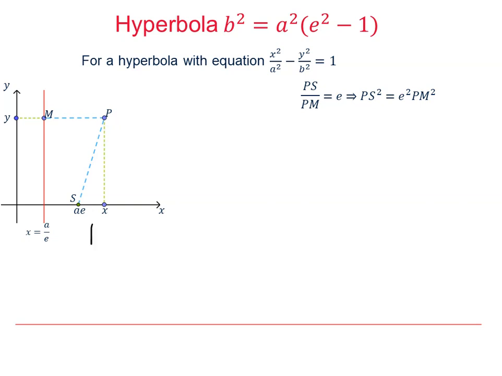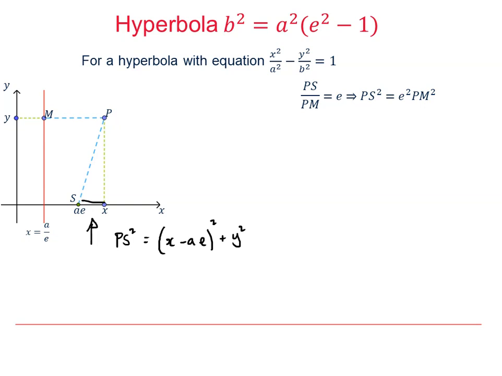We're going to use Pythagoras' theorem in this triangle to give us PS squared. The base length is x minus ae, so x minus ae all squared, plus the height of the triangle, which is y squared.